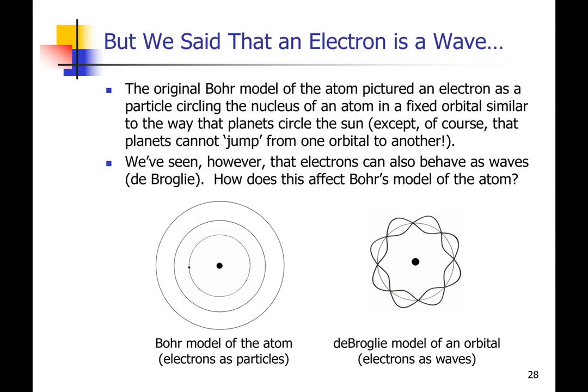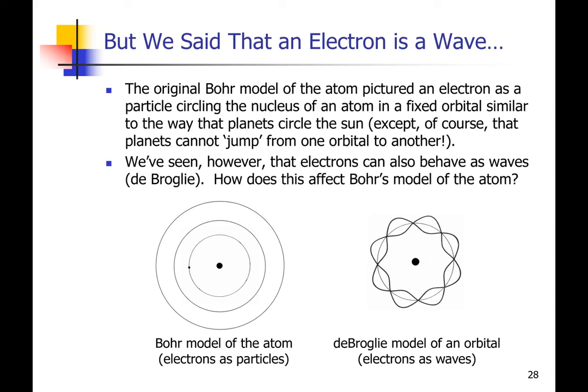And to talk about that, we need to bring in another model of the atom, the de Broglie model of an orbital. As you may recall from an earlier video in this series, de Broglie demonstrated that tiny particles could also have wave-like properties.